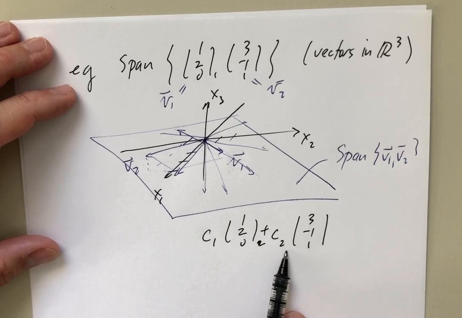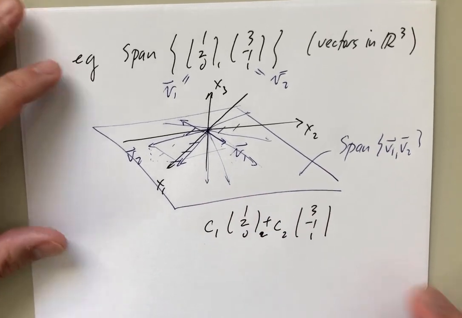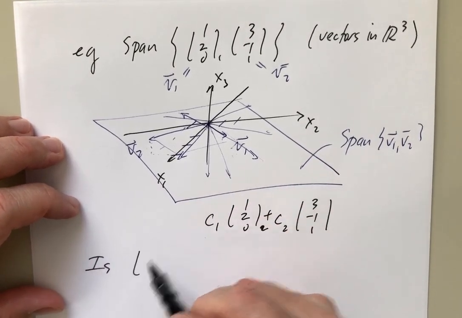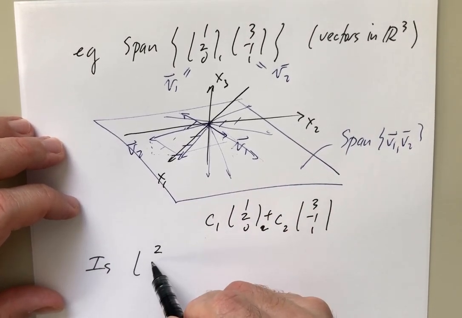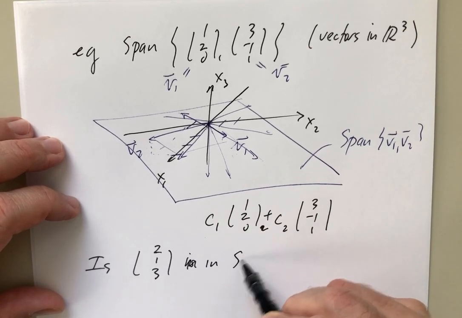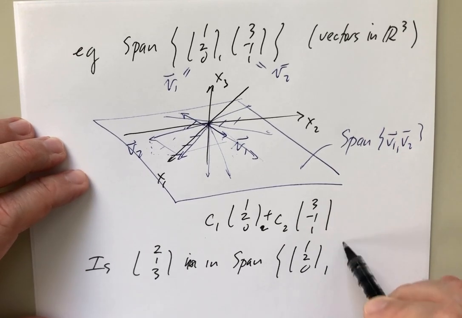You can choose anything you want for these weights, and you'll get a vector that's in the span. Okay. Now, what if I asked you, is the vector, let's say, 2, 1, 3 in the span of those two vectors above?